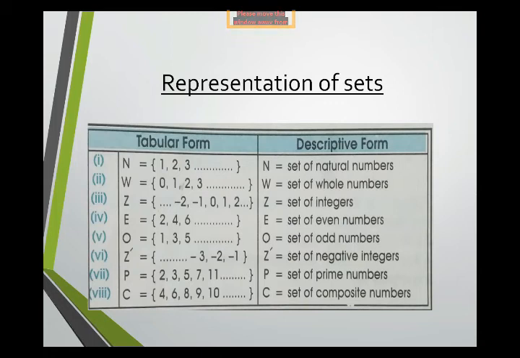The whole numbers start from 0, and these dots also show the counting must go on. Because this is a set of whole numbers, we write in descriptive form, W is equal to set of whole numbers.